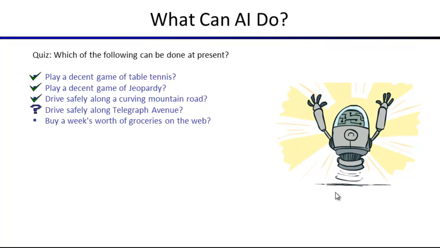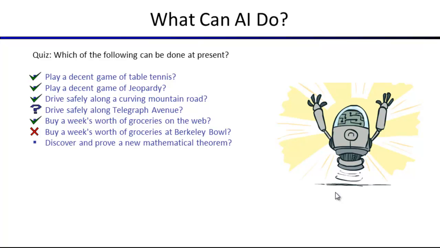Sure, why not? It's just submitting some kind of message into a system, right? Should be able to do that. How about buying a week's worth of groceries at Berkeley Bowl? Well, that's a lot trickier. Now you have to navigate among people. That's not yet working.